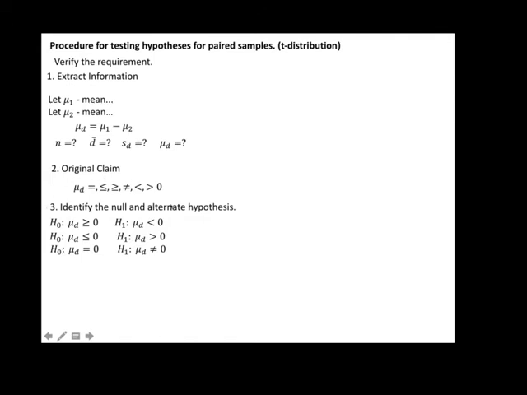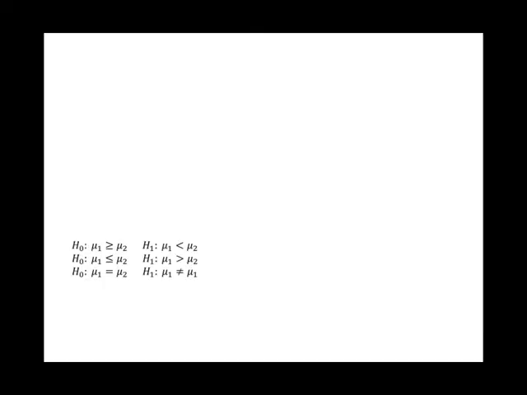Okay, let me explain why we want to compare with zero here. Normally from sections 9.1 and 9.2, the proportion and the mean, we always compare two different populations, like mean 1 and mean 2, right? This is the null and alternate hypothesis from section 9.2.